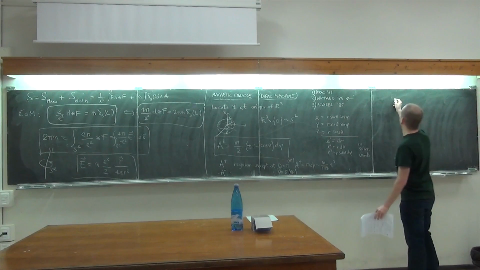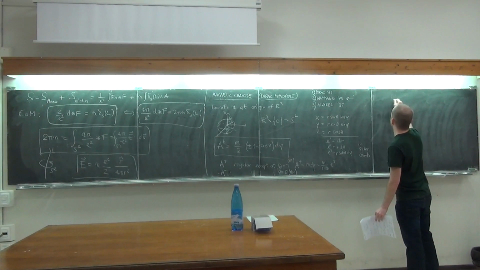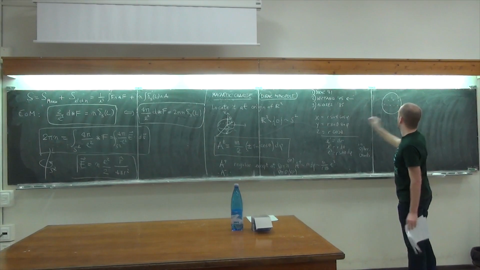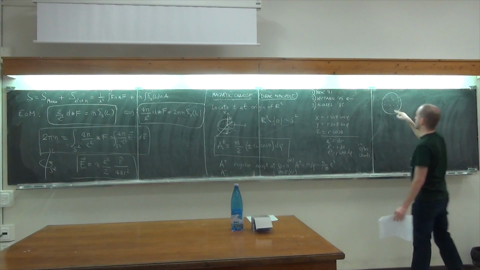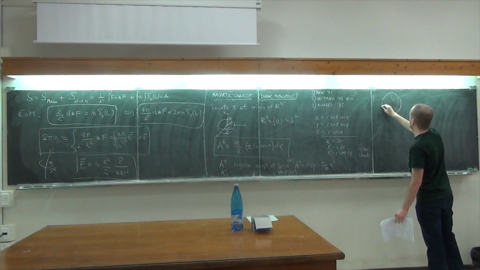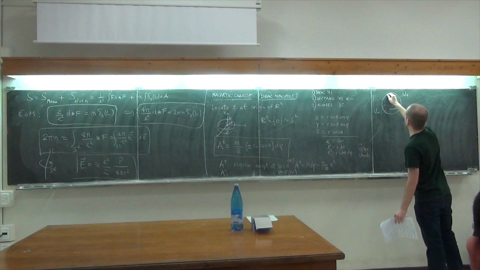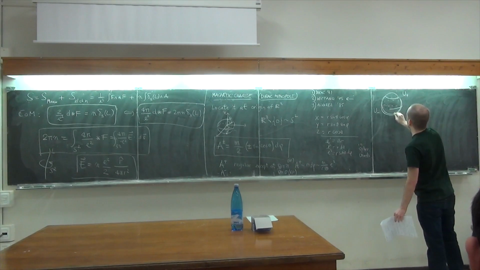Yeah. So, okay, we have the two patches on the sphere. The north pole patch is defined everywhere except for the south pole. This is U plus, and then you have U minus, the south pole patch, which is defined on the other side.